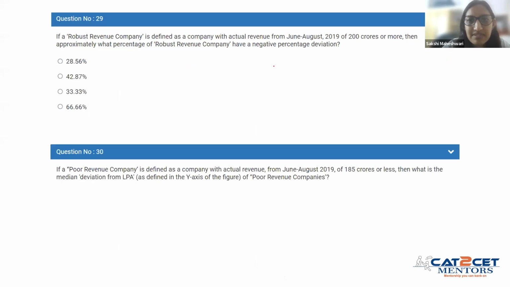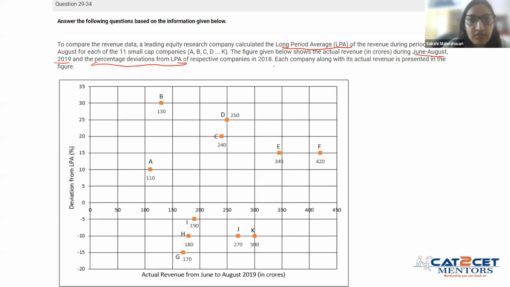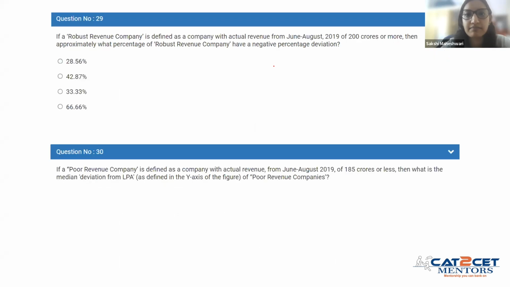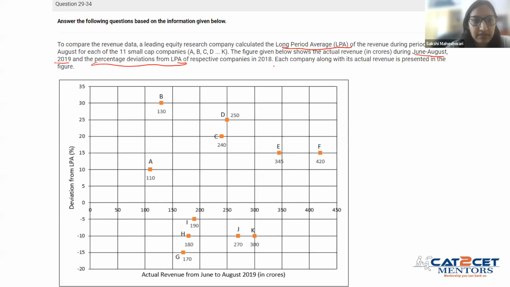So this seems to be a simple question, right? You are given data, and you have been asked a few things which you need to calculate based on this graph, using these values. You don't have to put a lot of brain into it. I think this is just simple calculations.